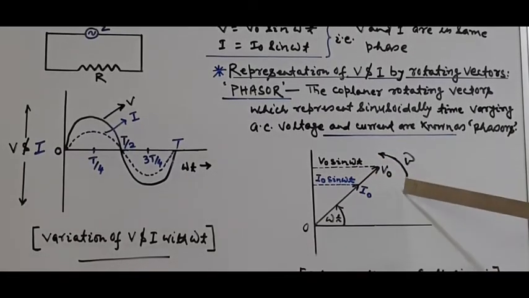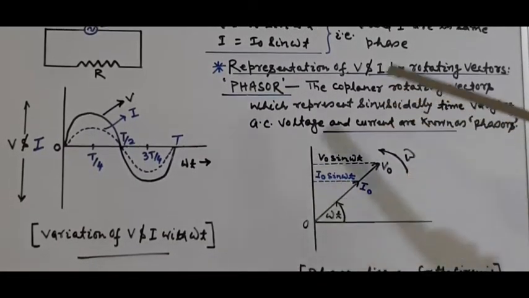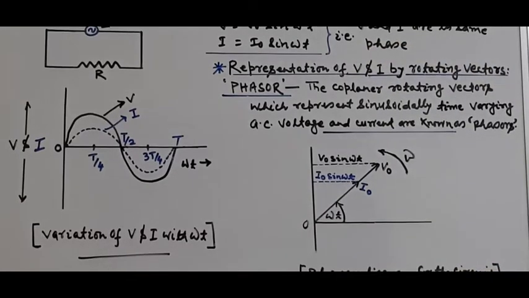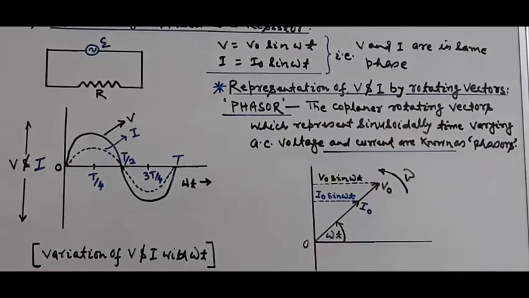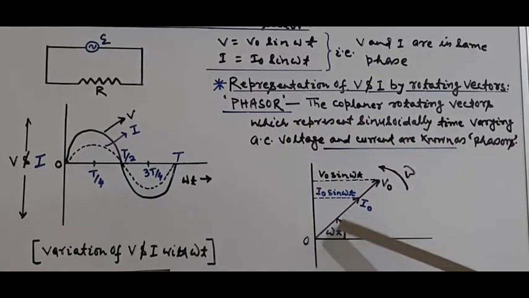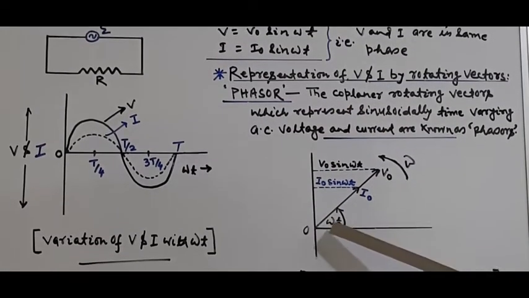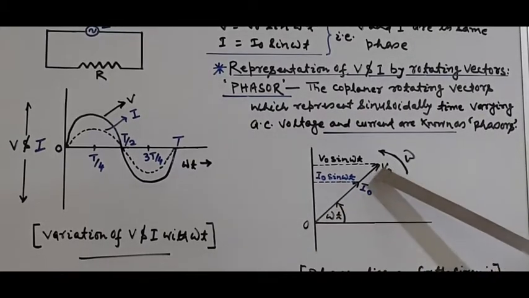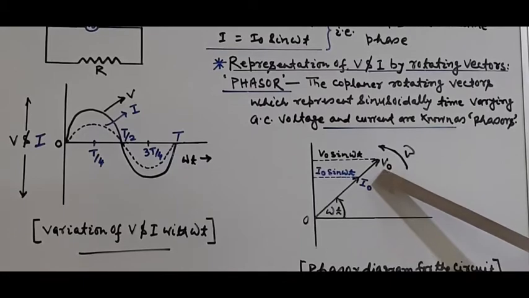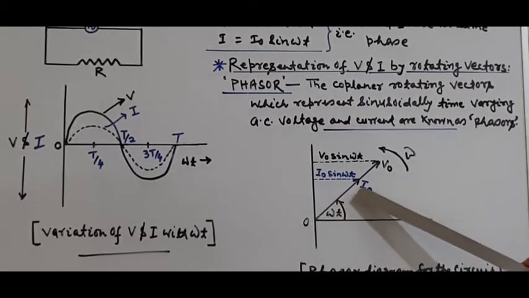So here I have drawn the phasor diagram for this voltage and current for this AC circuit containing R. Look at this. This voltage and current are both represented along the same line. This vector arrow V0 represents the peak value of the voltage and this arrow represents the peak value of current.